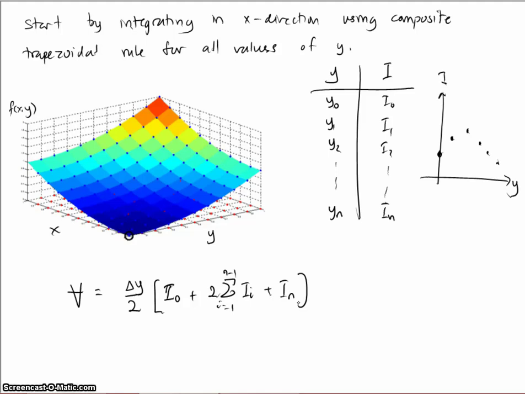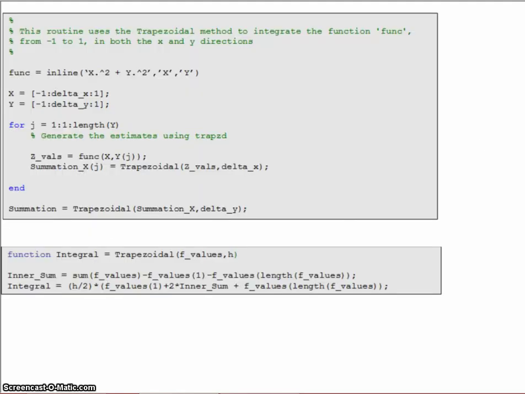If you want to develop MATLAB code for your numerical multidimensional integral, you would have something like this. You have this trapezoidal rule function which implements your composite trapezoidal rule, and then here you have your for loop. This for loop will loop over the different values of y.